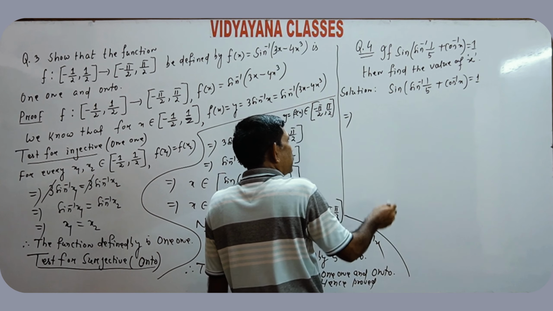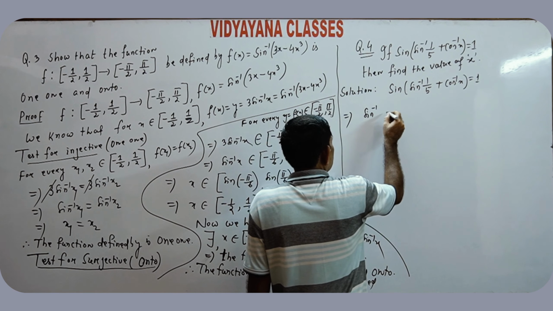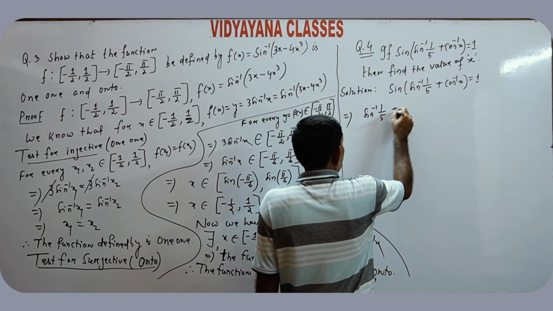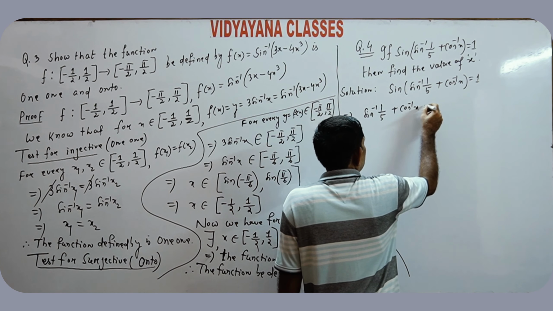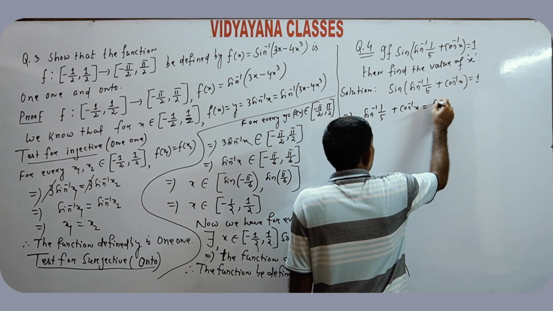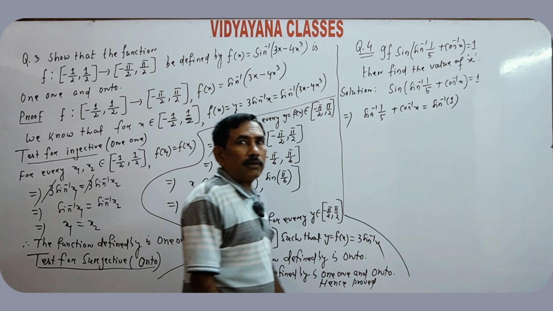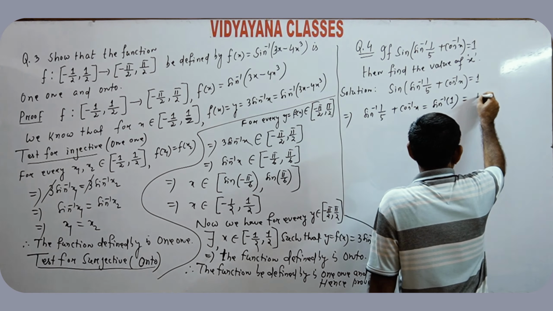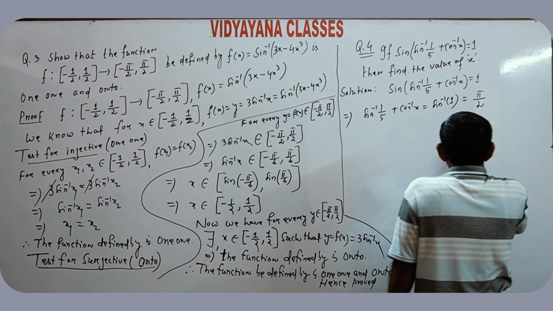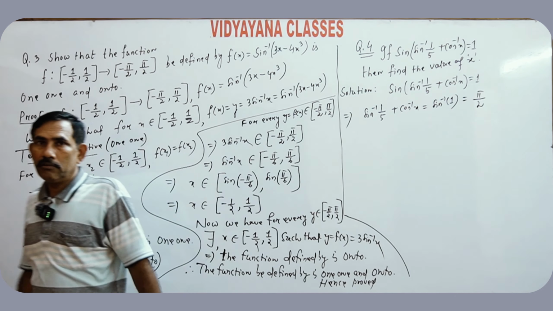which implies sin⁻¹(1/5) plus cos⁻¹x is equal to sin⁻¹1. Sin⁻¹1 is the radian angle which is equal to π/2, since sin(π/2) is equal to 1.